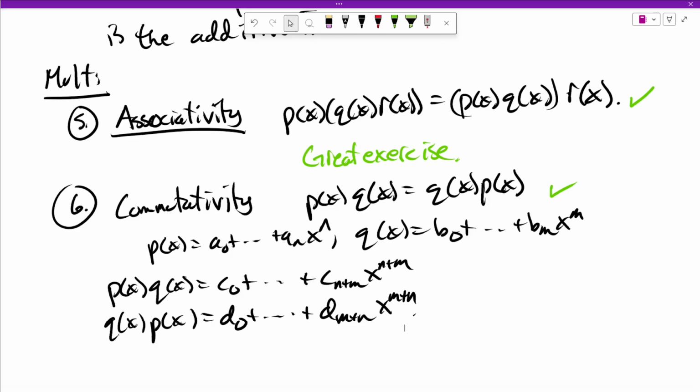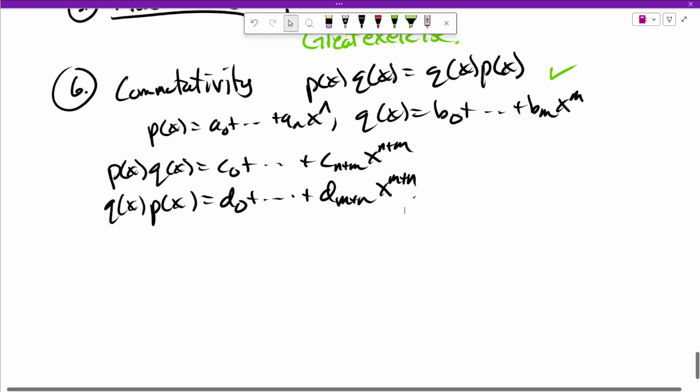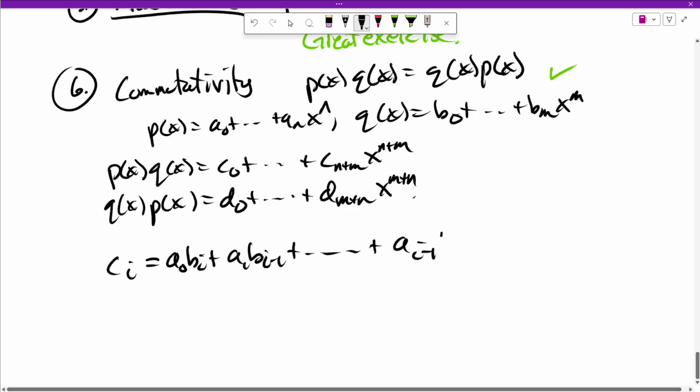And these coefficients, these c's, satisfy the following. You look at a0bi plus a1b(i-1) plus a(i-1)b1 plus aib0. That's ci.